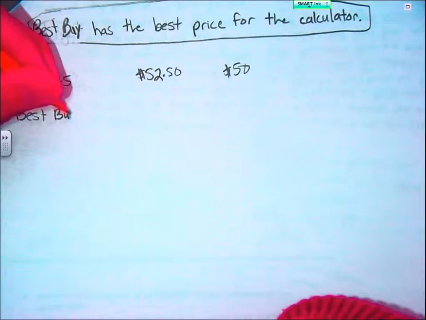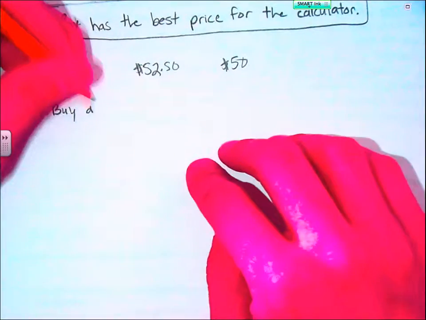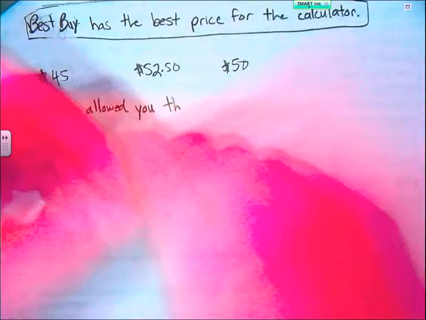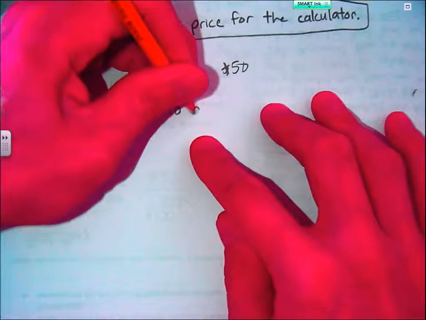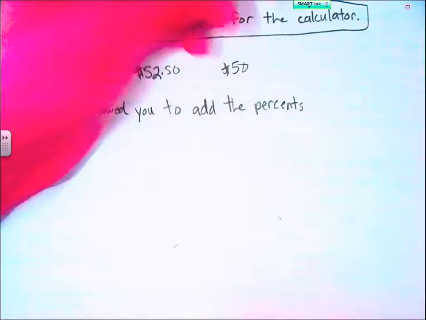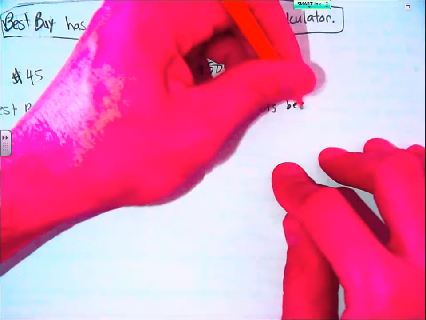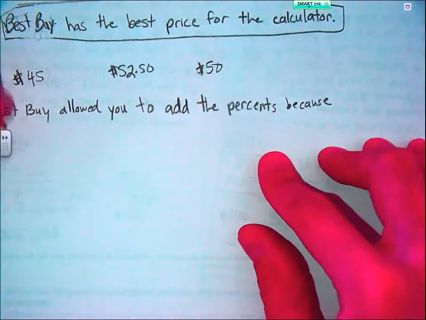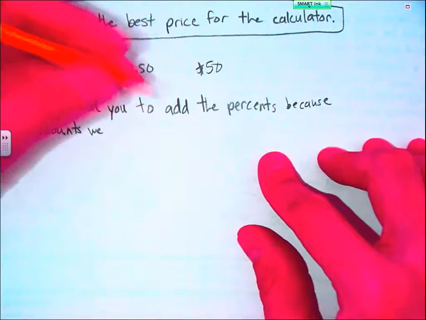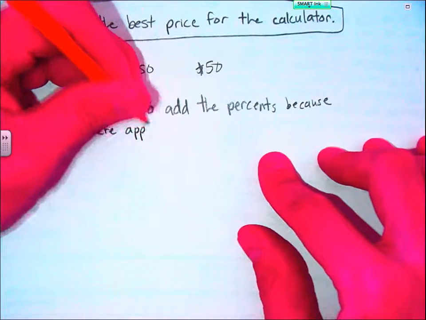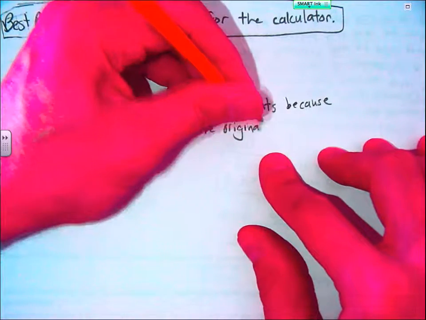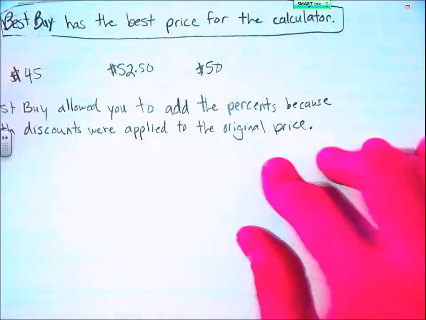Best Buy allowed you to add the percents because both discounts were applied to the original price. Period.